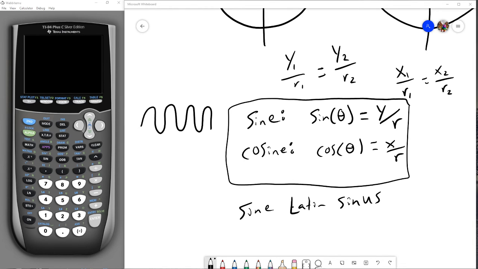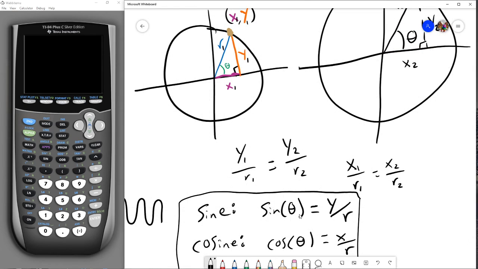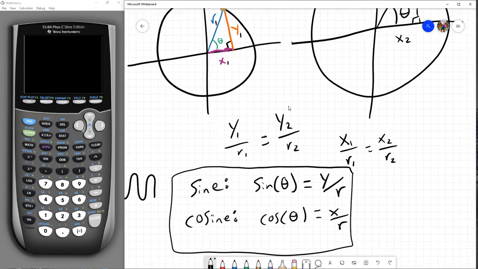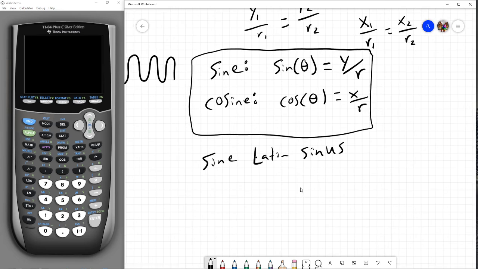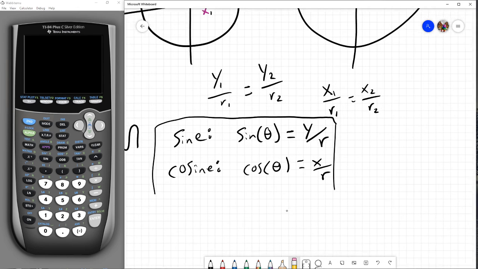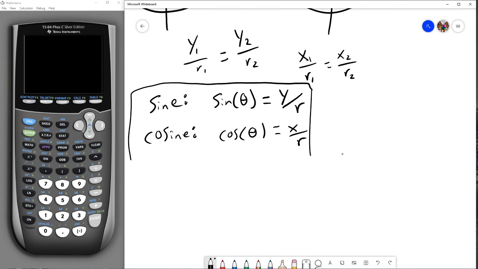Alright, so coming back to trig. Sine is y over r, cosine is x over r. And now we can continue to think about ratios. We could also think about the ratio of the y coordinates divided by the x coordinates, and that is going to give us tangent.